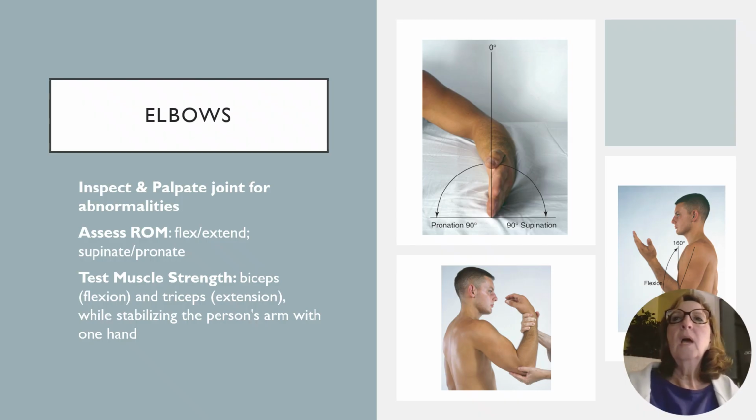You can see pronation and supination. Supination is when your hand is up, and I think about it as holding a can of soup in your hand, and then pronation is just turned upside down, okay? You can check the strength of the biceps and the triceps by having them push or pull against resistance so that you can check their muscle strength.